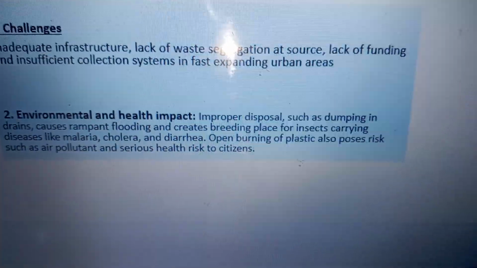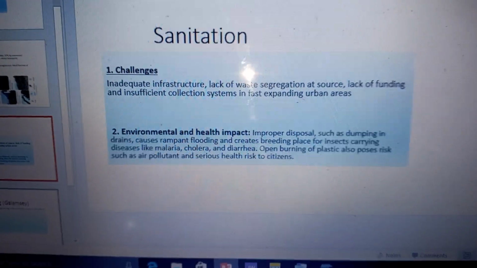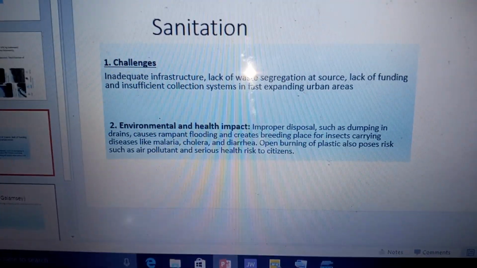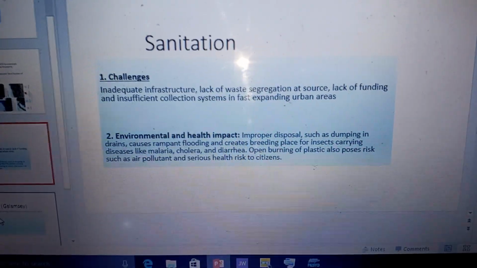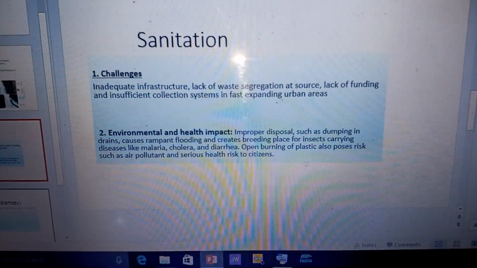It causes flooding, and also it serves as a place for mosquitoes and other insects to feed on, which causes diseases like cholera, diarrhea, and other communicable diseases in the country. These are the challenges facing my country in the sanitation sector.